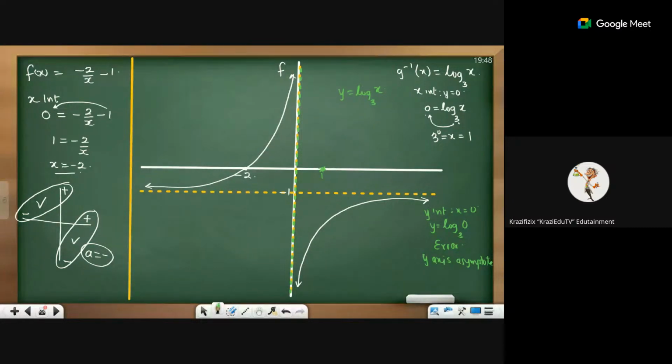Now you are not sure whether it is like this or like that. Already I know 1. Look for a value greater than 1. Let's make it simple. Let's put a 3 because that base is 3. So when x is 3, what is y? If you put this in a calculator, you get 1. So when x is 3, y is 1.